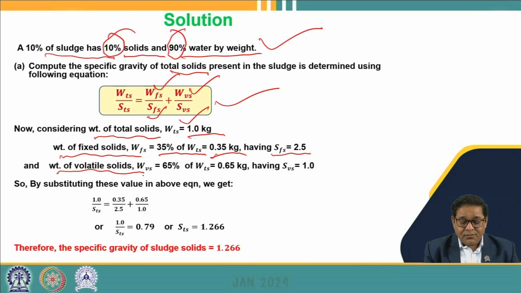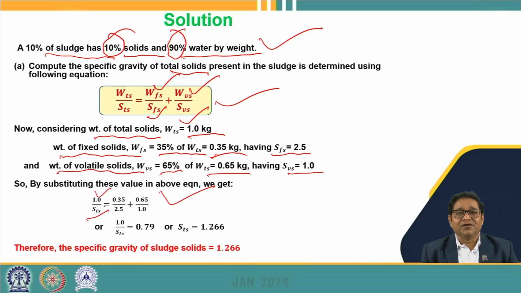Similarly, the weight of the volatile solids will be 65%. So 65% of 1 kg will become 0.65 kg and its specific gravity will be 1. And if we use the above equation and put these values, we have the weight of the total solids 1 kg, and we have to determine the specific gravity of the total solids.